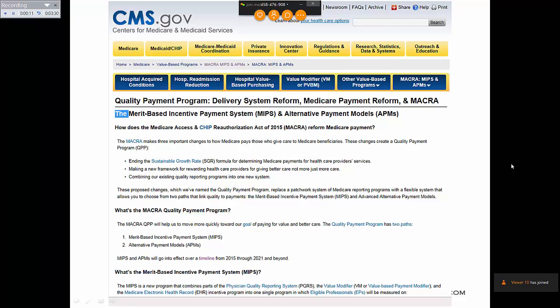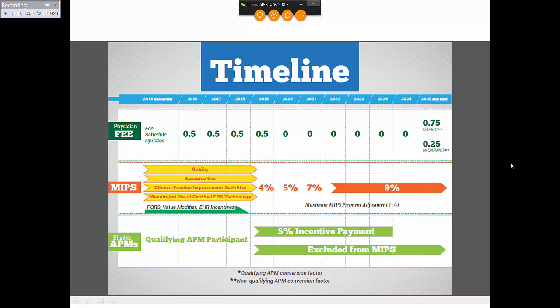These are payment models that are looking at 2016 as the base year, and these will affect payments as far out as 2021. And this is pulled out from the CMS website. They talk about fee schedule updates, and if you're in the MIPS, on what sort of payment adjustment will happen.